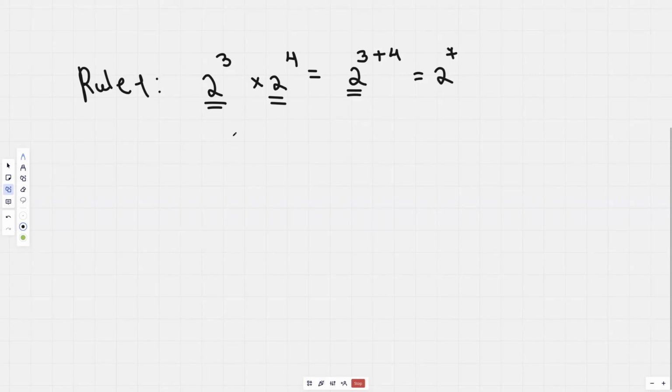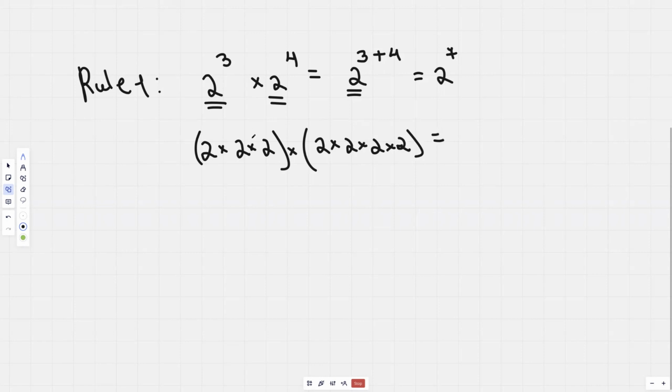So this is the formula of rule number 1. Let's say, for example, if we want to prove it, 2^3 is equal to 2 multiplied by 2 multiplied by 2, right? This is multiplied by 2 multiplied by 2 multiplied by 2 multiplied by 2, 4 times.